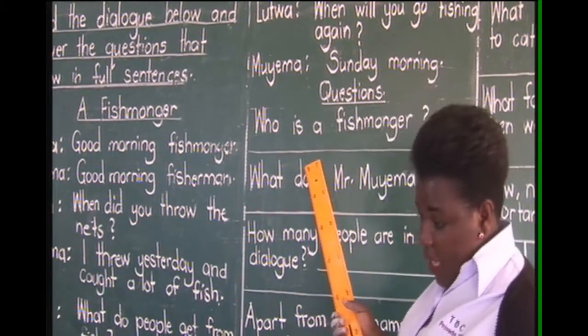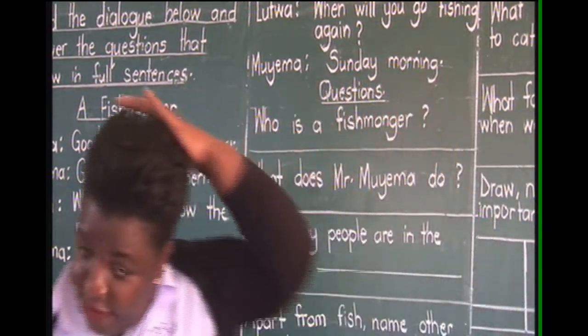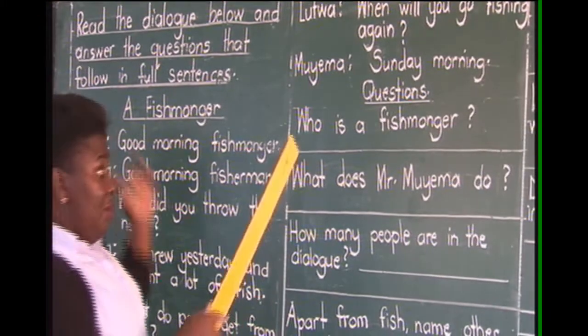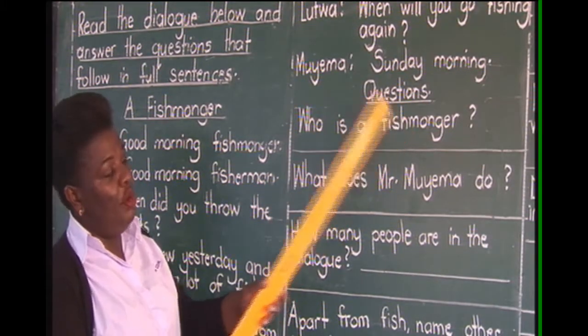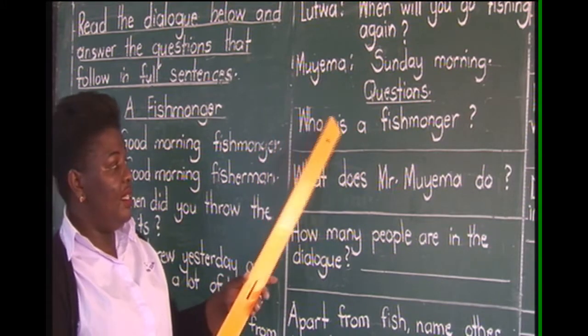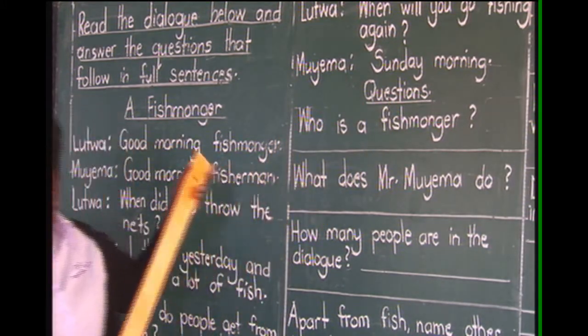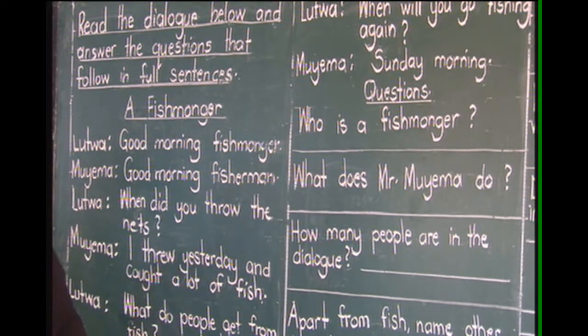So we have the questions here. The first question says, who is a fishmonger? So you go back in your dialogue. English is not like other subjects where they stop you from copying.